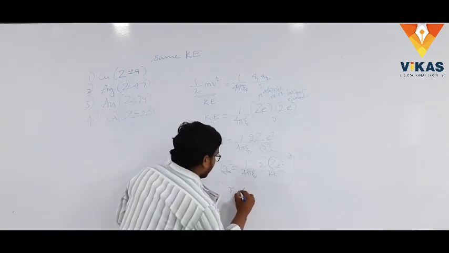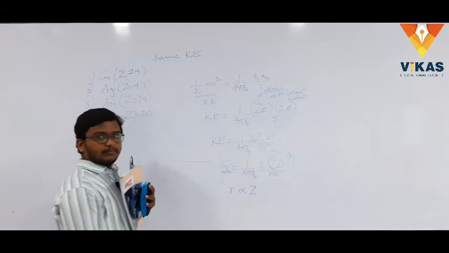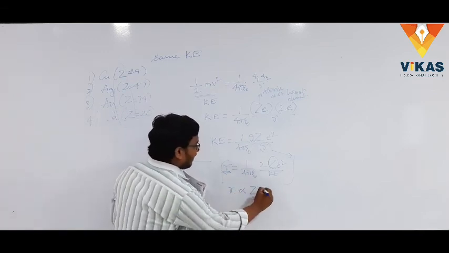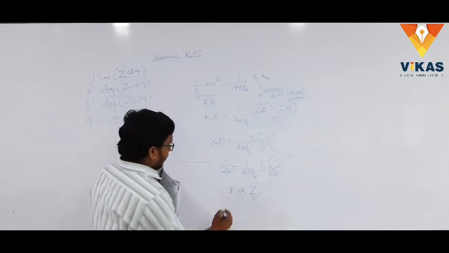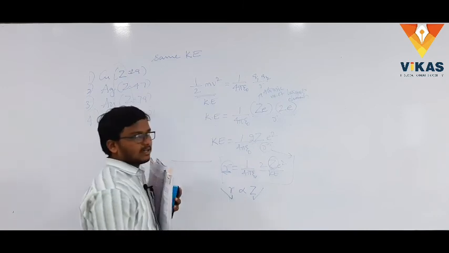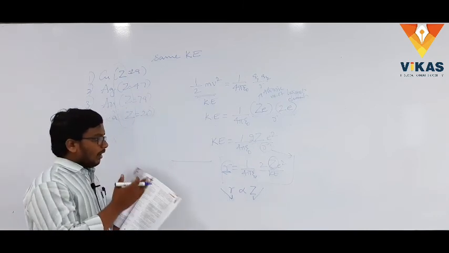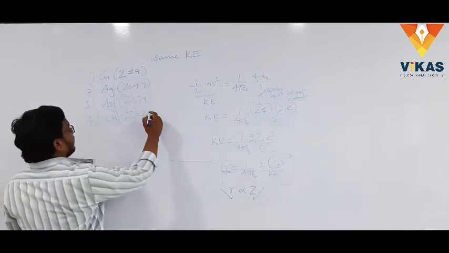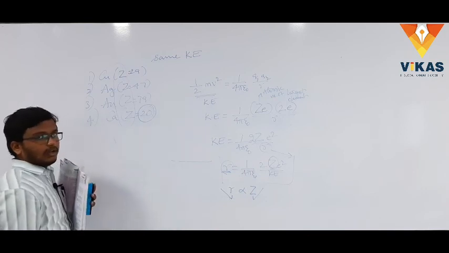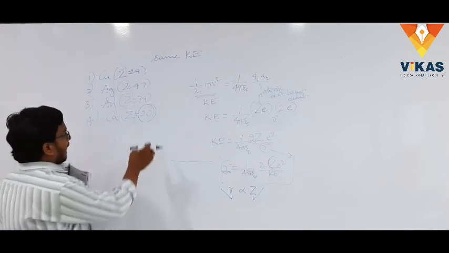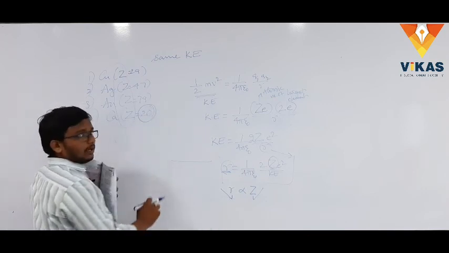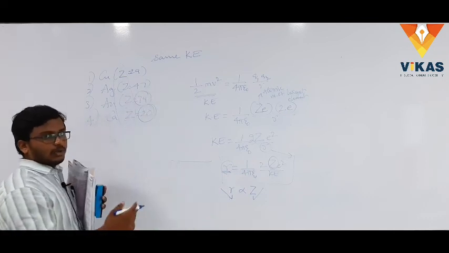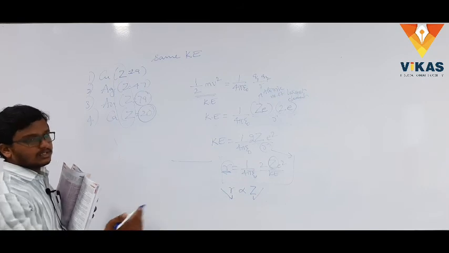Right. So R is directly proportional to Z from the equation, which means if I have a higher atomic number, I have a larger distance of approach. The lowest atomic number gives the lowest distance of approach.